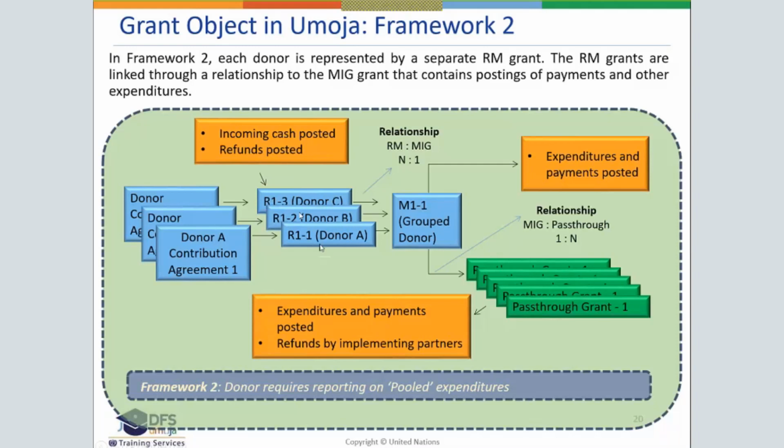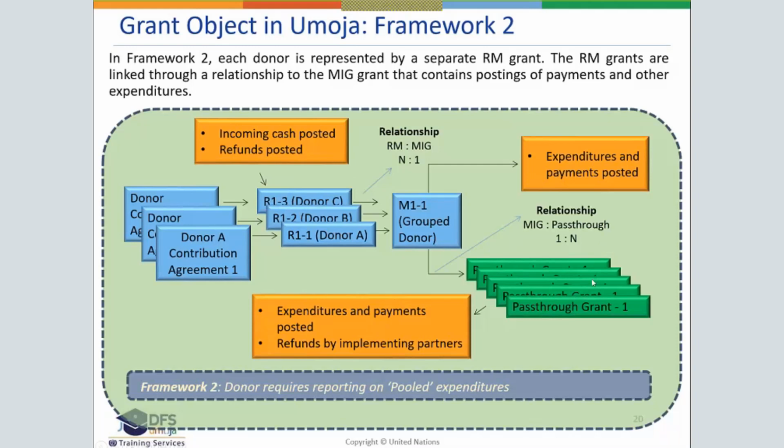per donor, and only one grant that will link the 3 of them, and where we will track expenditures and payments posted. In these 3 grants, we will record the revenue or the income. And exactly as before, we will have one pass-through grant per implementing partner if there is an implementing partner involved in this agreement.